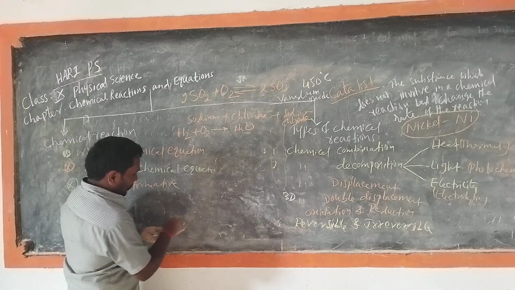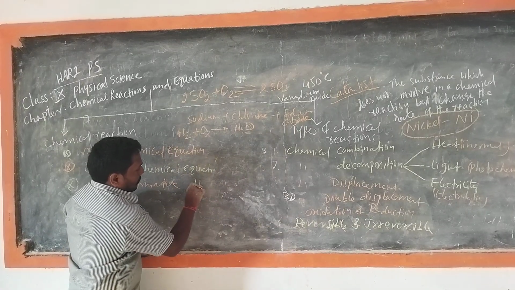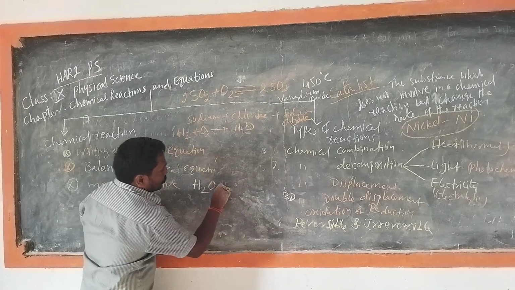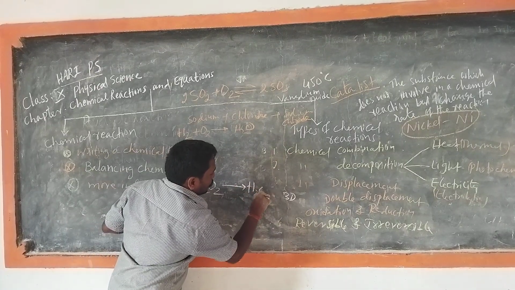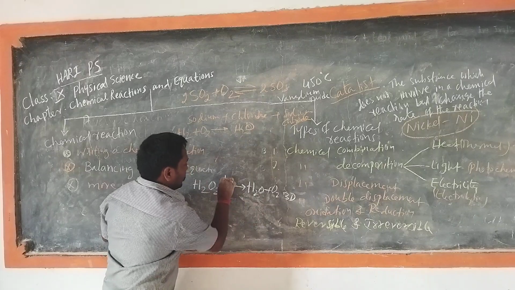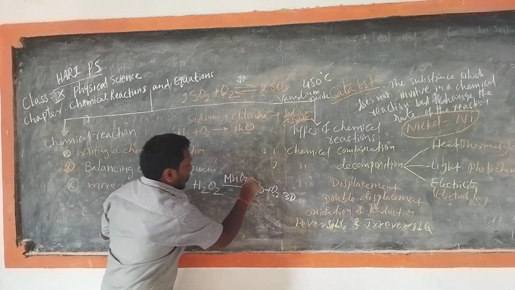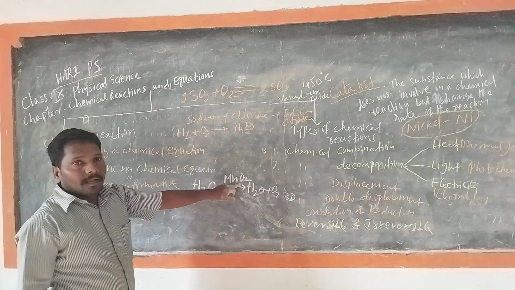One more example of a catalyst: H2O2 gives rise to H2O plus oxygen. Here MnO2, manganese dioxide.